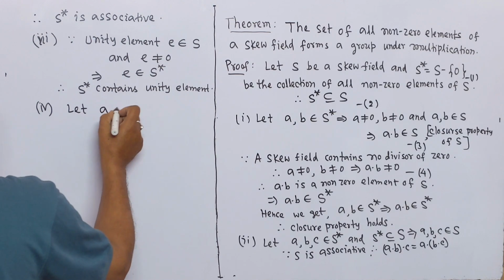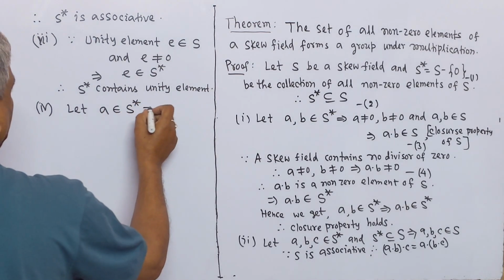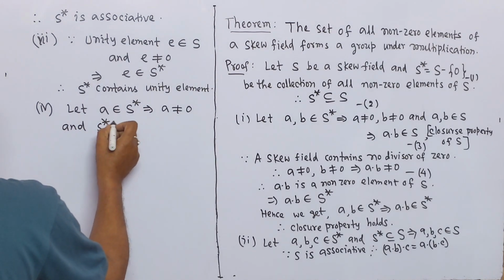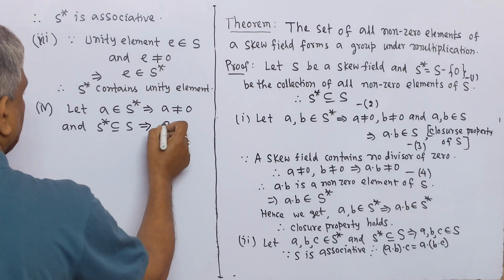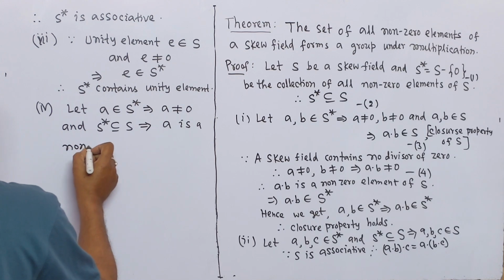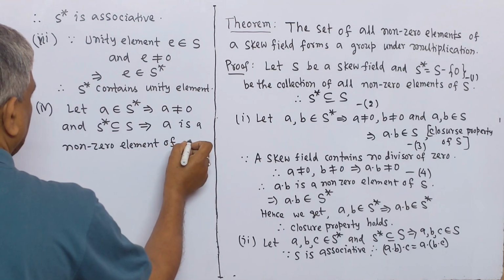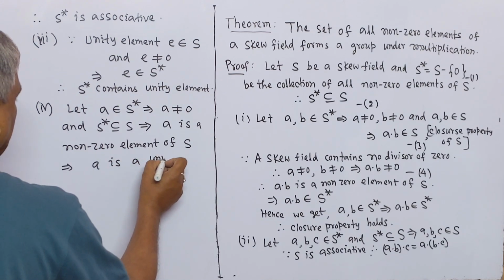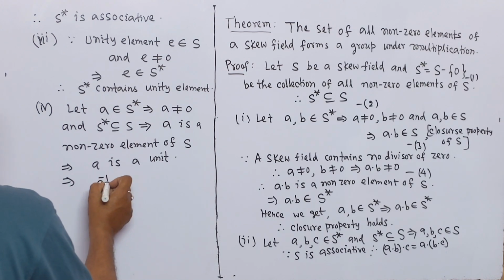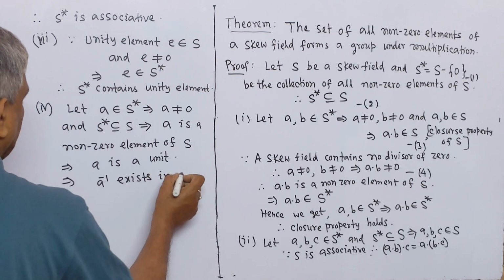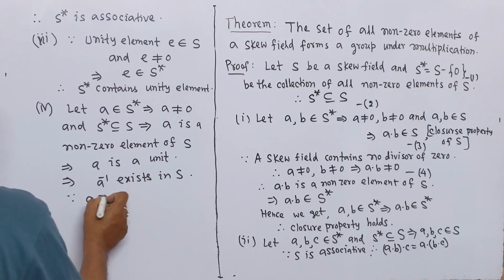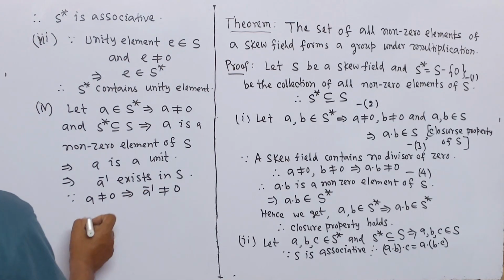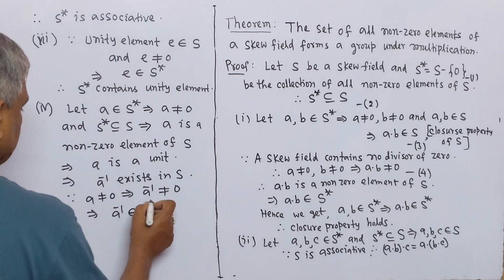Number 4. Let A belongs to S star implies that A not equal to 0 and S star is subset of S, implies that A is a non-zero element of S, implies that A is a unit, implies that A inverse exists in S. Since A not equal to 0 implies that A inverse not equal to 0, implies that A inverse belongs to S star.